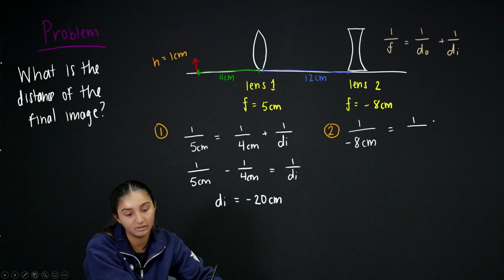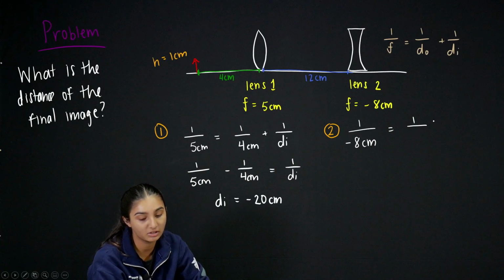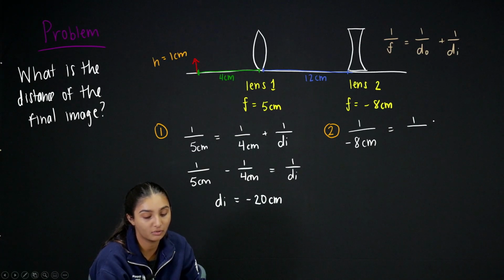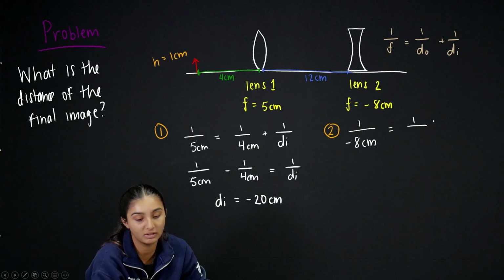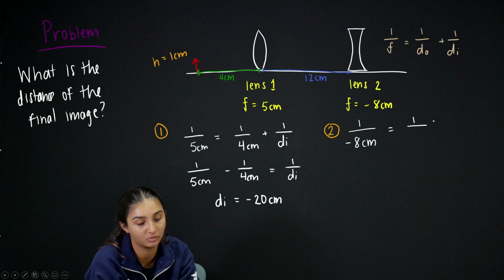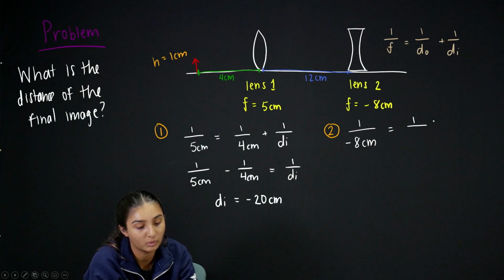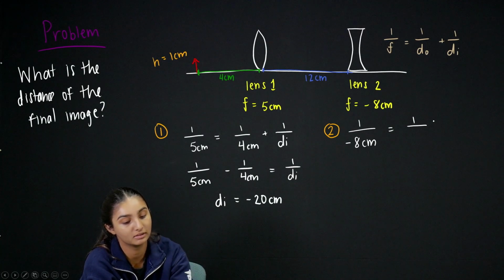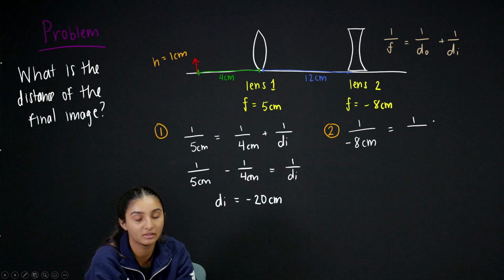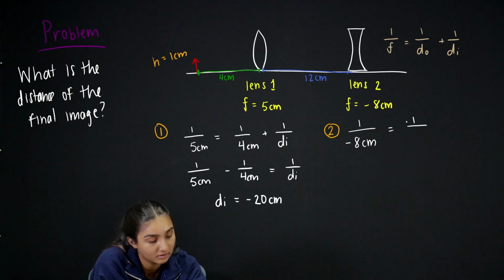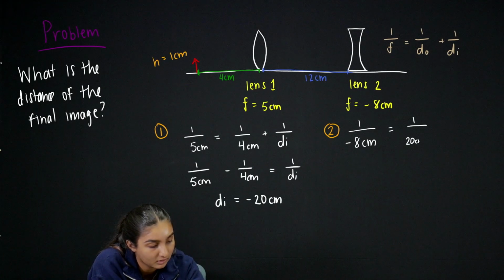And our distance of the object is not going to be 20 centimeters because 20 centimeters is in front of lens 1. So we want to take into account the distance between the two lenses. So that means our distance is 20 centimeters plus 12 centimeters.